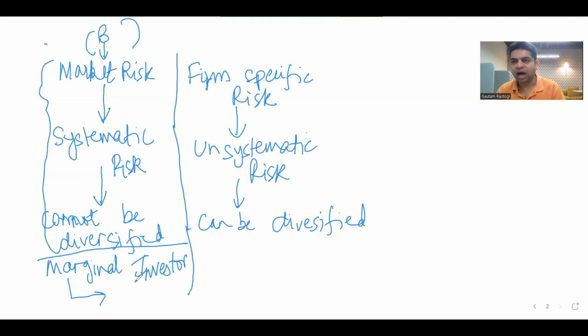I, as a retail investor, have a very small stake, which is really insignificant. Regardless of whatever trade I do in that company, the stock is not going to do anything. But a marginal investor with a significant stake, like your institutional investors, your DIIs, your FIIs, if they make a trade, their trade has the potential to move the price of the company.